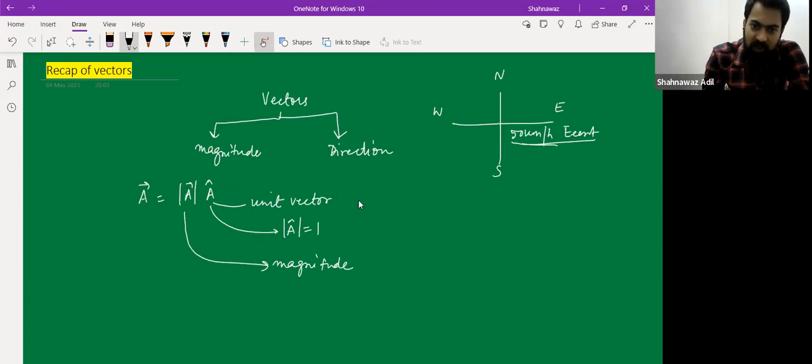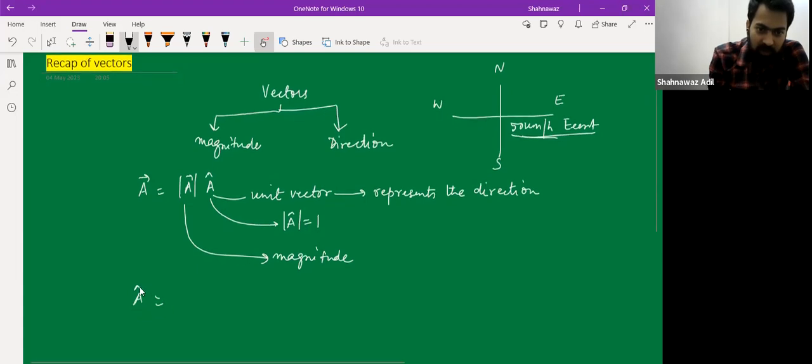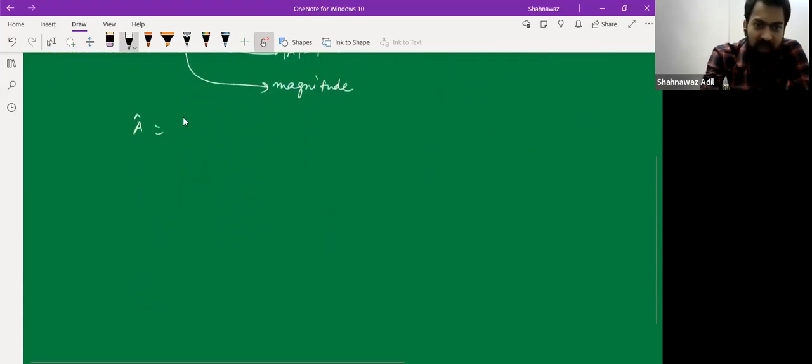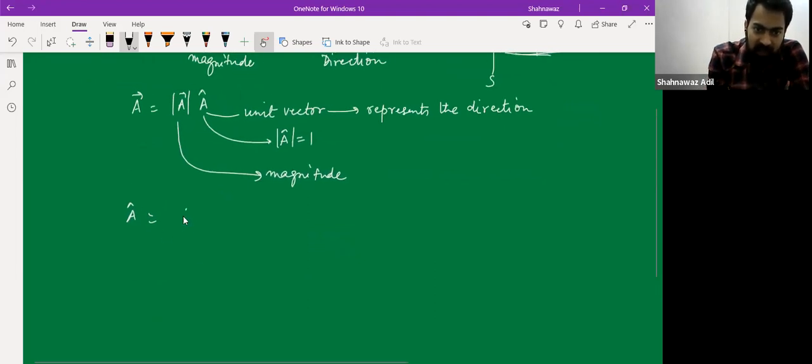So what is the role of this unit vector? It represents the direction. If somebody asks you what the unit vector is, we can calculate the unit vector if the vector is given, by dividing by the magnitude of that vector.